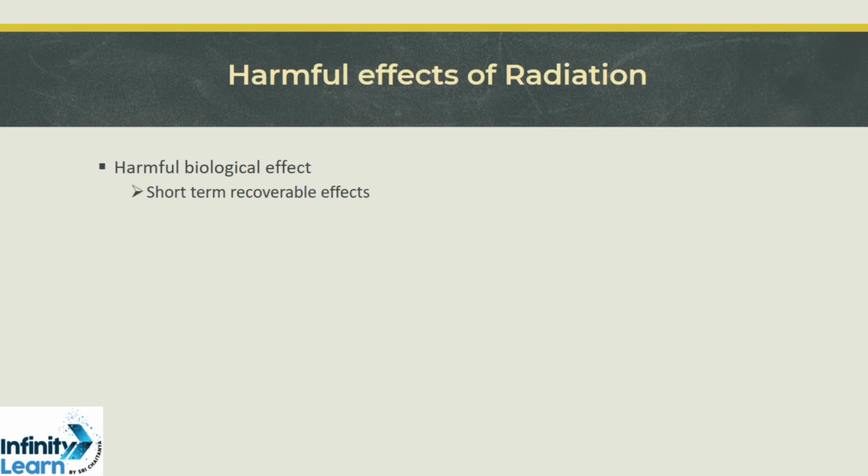Now these biological damages can be short term and recoverable effects, in which people only experience effects like nausea, diarrhea, sore throat, loss of hair, etc. And this happens only when the exposure is for a very short time or at low levels of radiation.